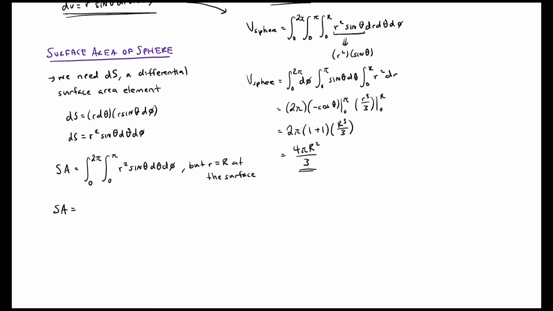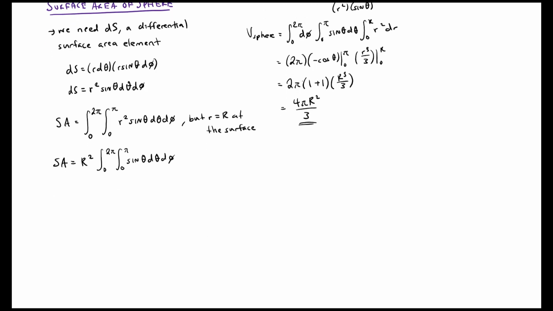So SA, we can take out the r completely, so R squared, and then the integral from 0 to 2 pi, integral from 0 to pi of sine theta d theta d phi. So is this separable once again? We have this function sine theta. That is just one variable.